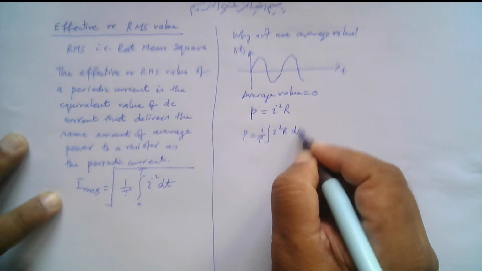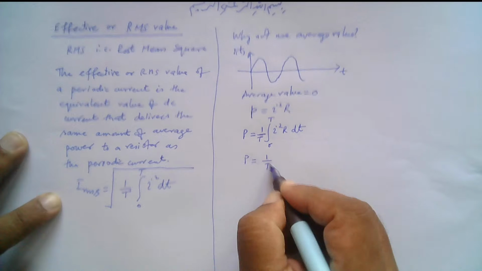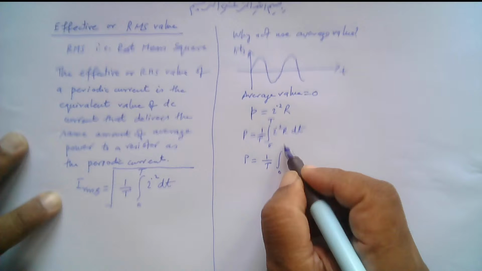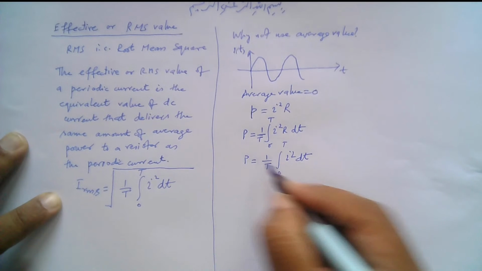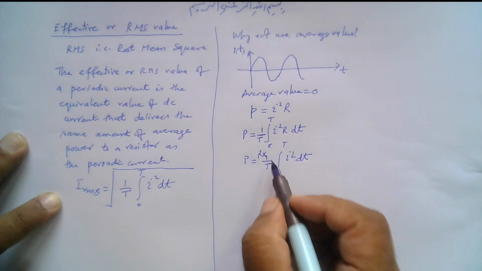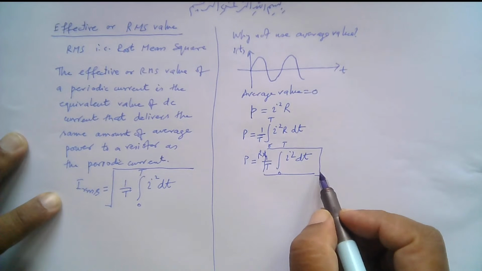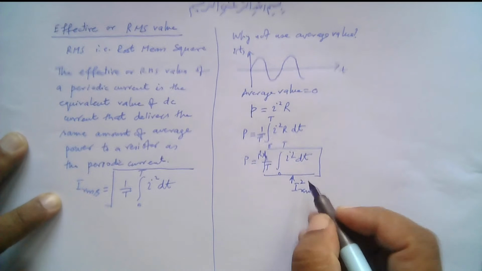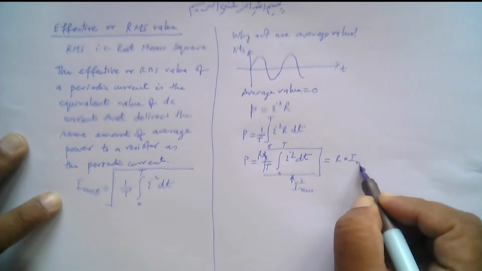So that can be written as P equals 1 over T, integral from 0 to T of I square dt, and R can be multiplied here. Multiplied by R. So this is the power. We replace this term with the square of the effective value, so this term is I square RMS. So that will be R multiplied by I RMS square.